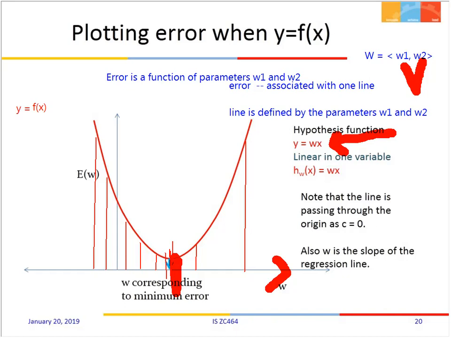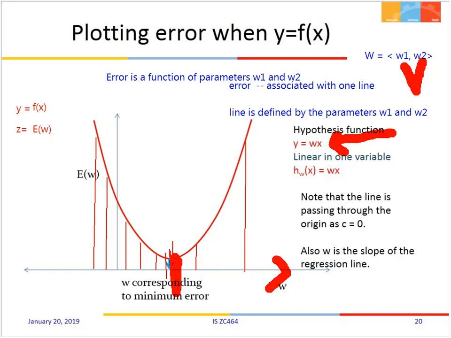On similar lines, if I am writing that E is a function of W, let me represent it as something like Z. Then what does it mean? Whenever W changes, the value of Z will change, and Z is nothing but the error. So W is the slope. Whenever the slope changes, the error will change, right? So E(W) is clear, okay?